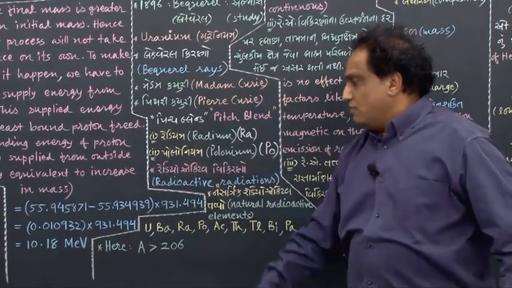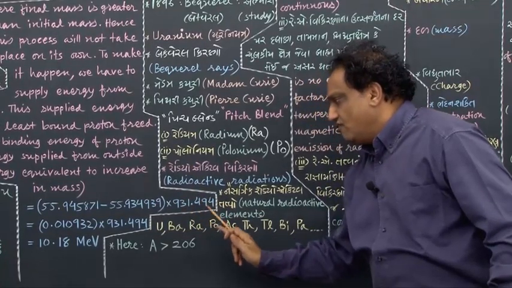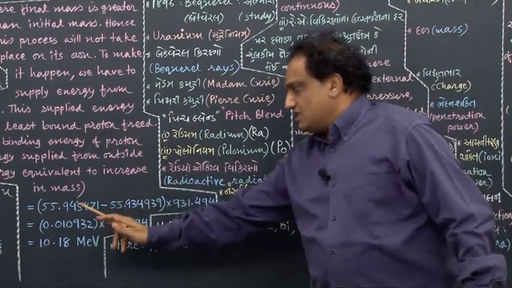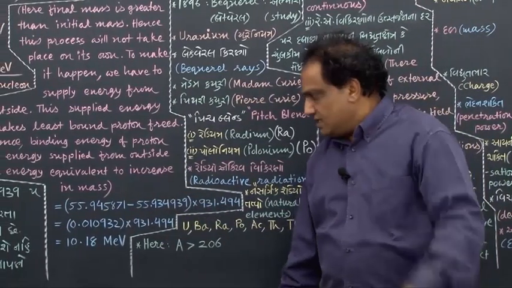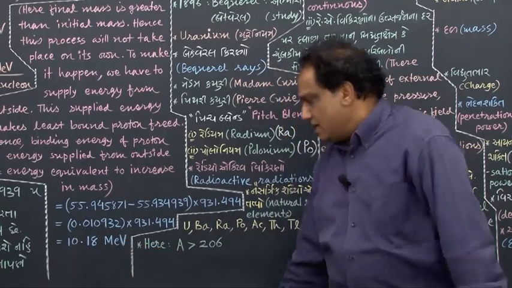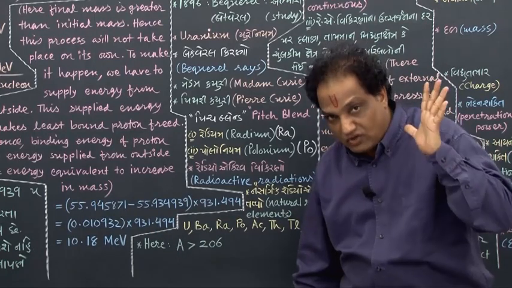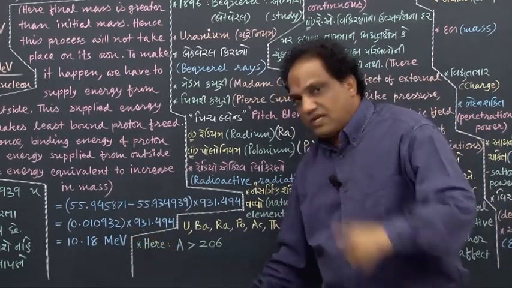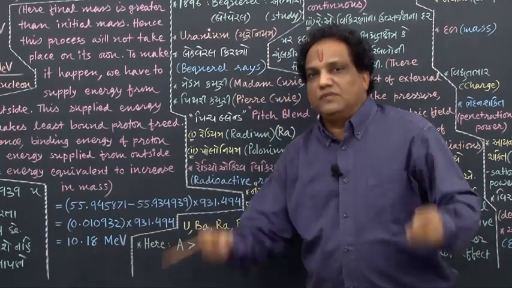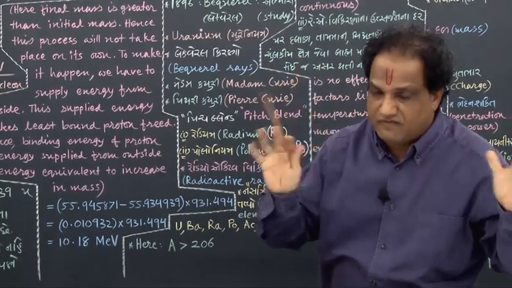For that I should multiply this subtraction with this number, which is 931.494 million electron volt. And now this minus this, the answer is 0.010932 atomic mass unit, multiplied by 931.494 million electron volts of energy, and this multiplication comes out to be 10.18 million electron volt. Got it? Fine.